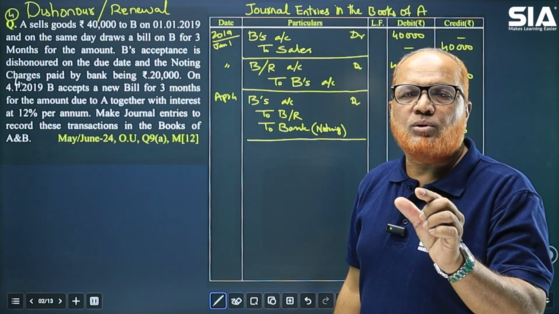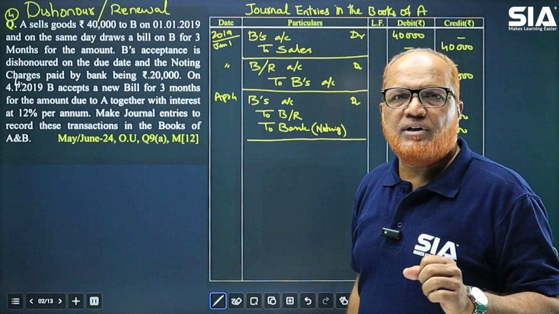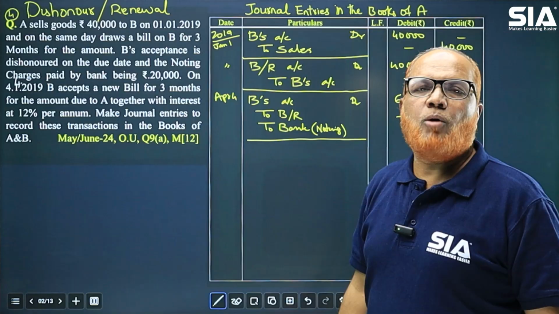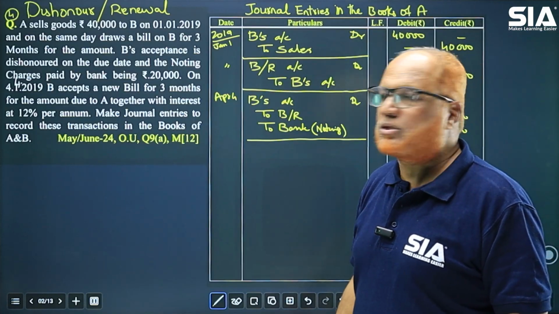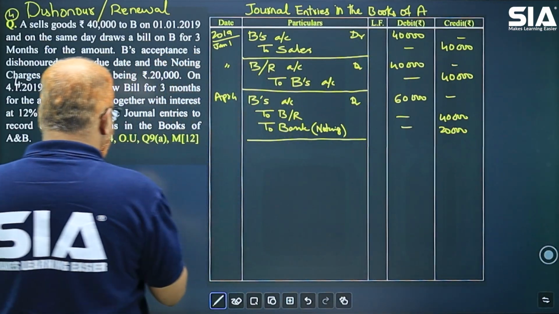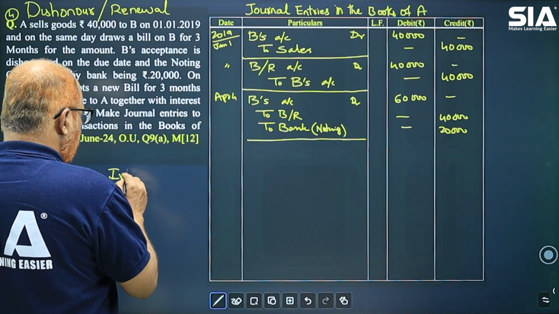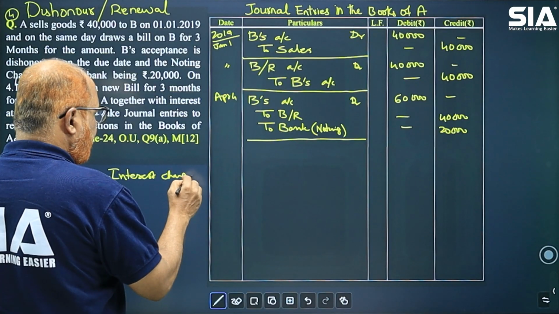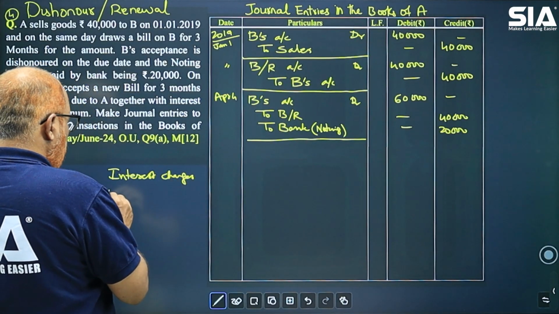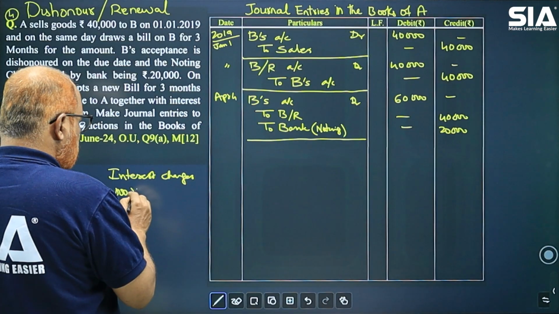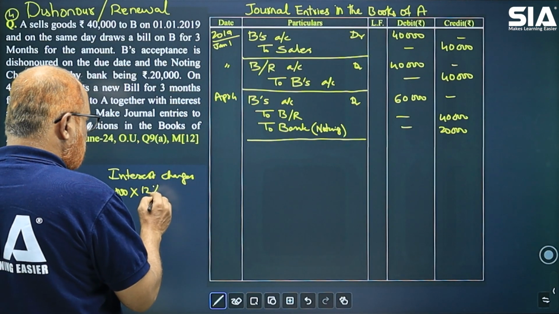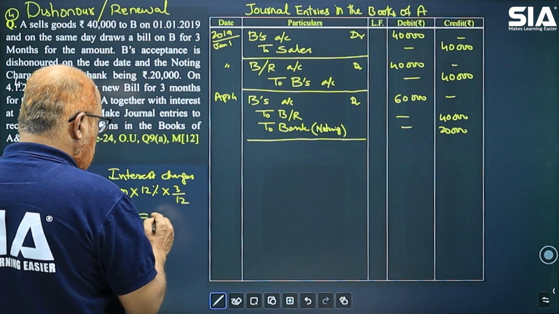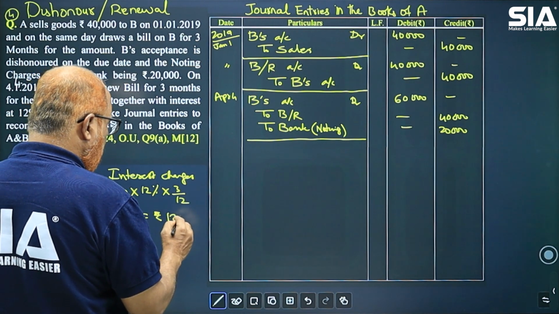So on 40,000, 12% is the rate of interest for 3 months. So in working note, we calculate how much is the interest on the bill amount. So interest charges, here I am showing, see carefully, interest charges. So original value of the bill is 40,000 into 12%, into 3 by 12 is equal to rupees 1200.